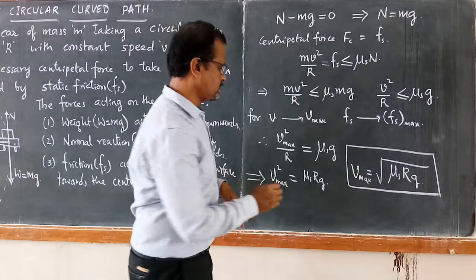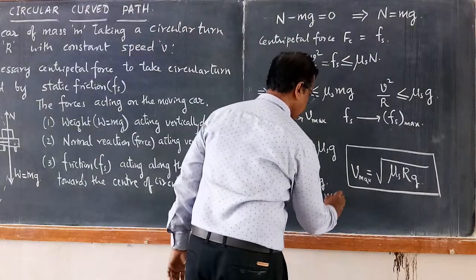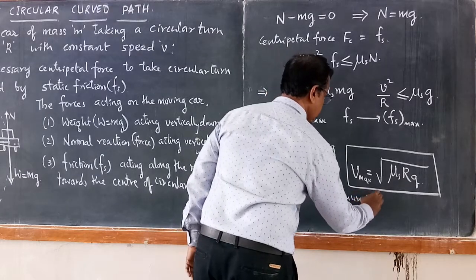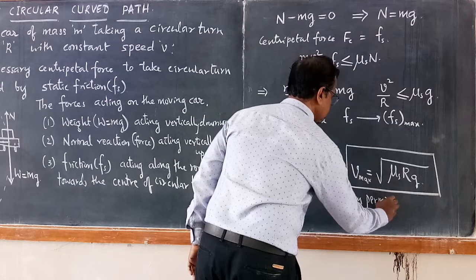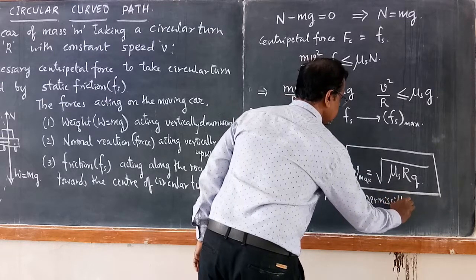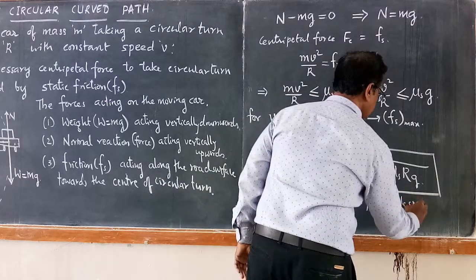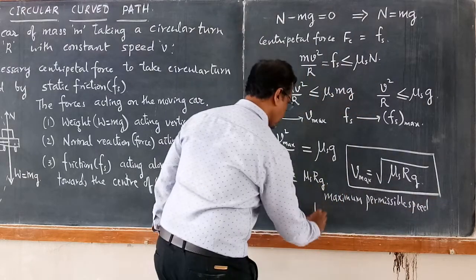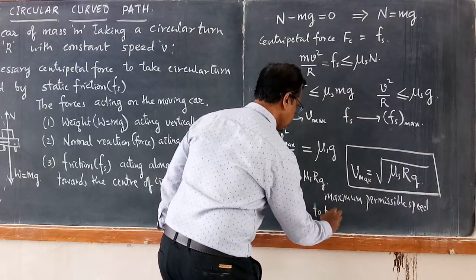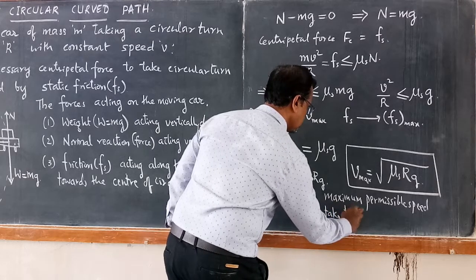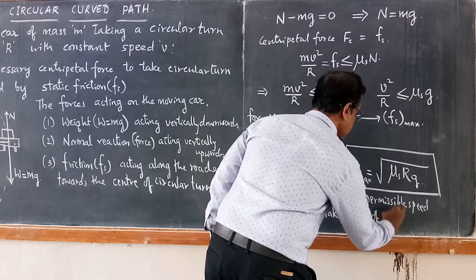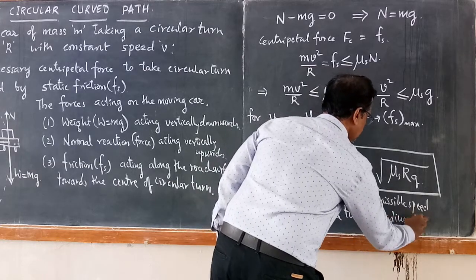So, this is the maximum permissible speed. Maximum permissible speed to take turn of radius r.